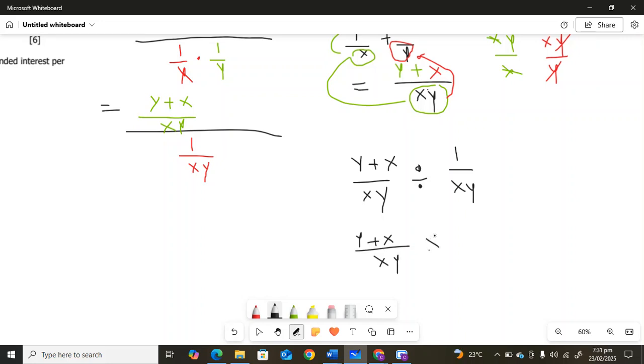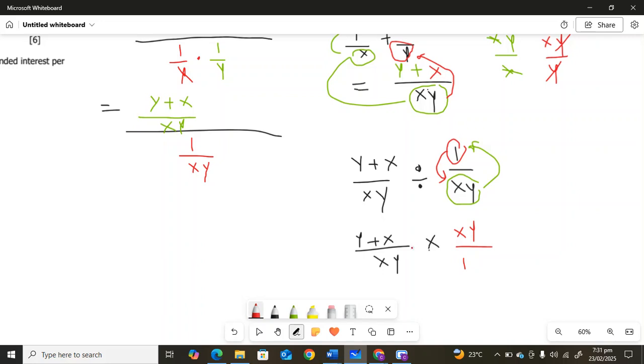Now, when the sign changes, this denominator here becomes the numerator, and this numerator here becomes the denominator. So it now becomes xy over 1. So y plus x over xy multiplied by xy over 1.